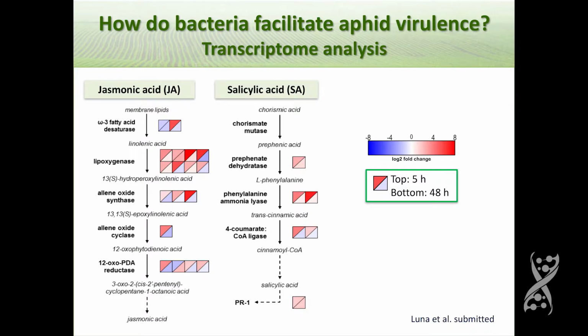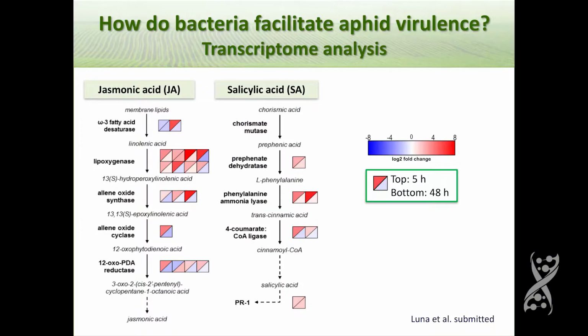So how do these aphids, or these bacteria, help the aphids to colonize or infest the plants? So we went in and mined the data from an old transcriptome analysis where folks had taken samples of wheat leaves infested with Russian wheat aphid at 5 and 48 hours after infestation.